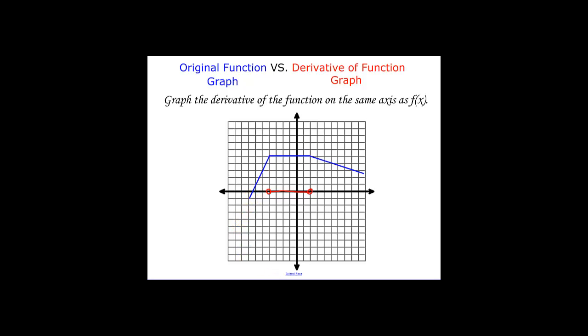Now look here from -7 to -5, -4. What does it look like the slope of that line is? Well, we know it's a positive sloping line, and I go up 2 over 1.